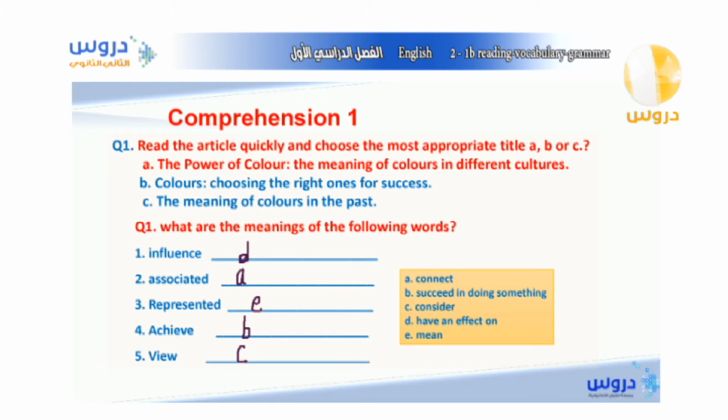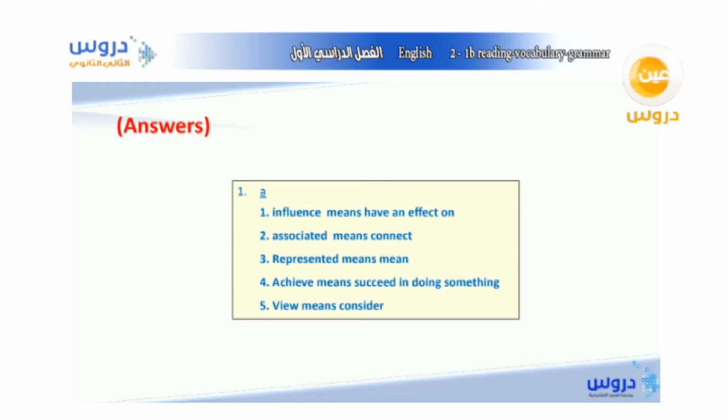So now we have connected these meanings together: influence means D, have an effect on; associated, A, connect or connected; represented, E, mean or meant; achieve, B, succeed or get something; and finally view means consider something.